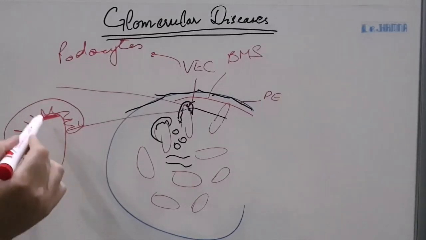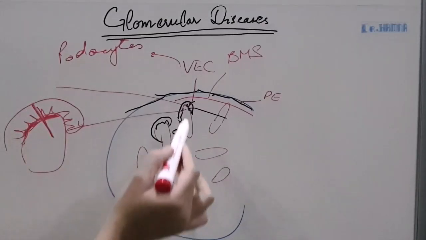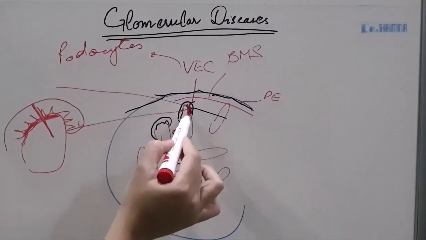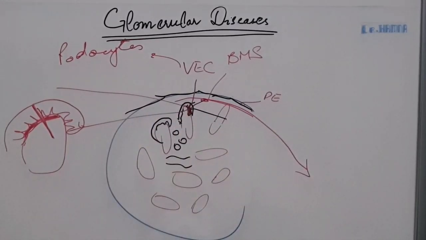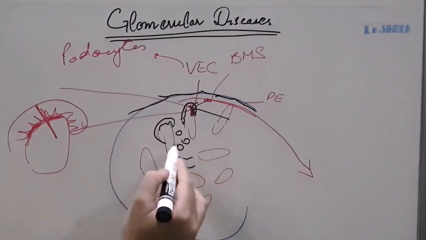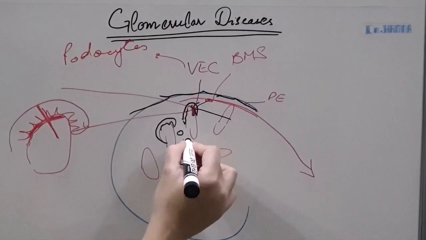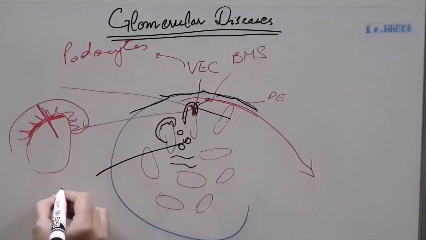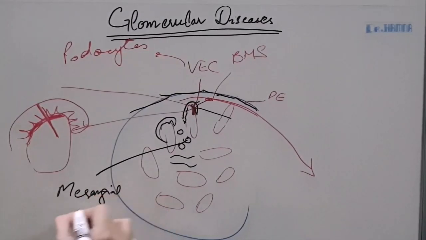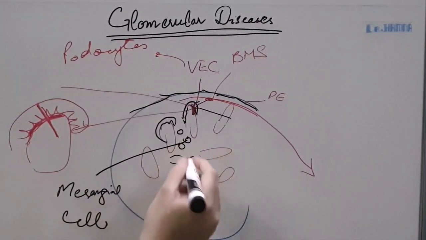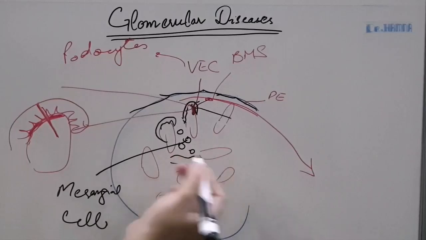So the filtration occurs in this place. Filtration occurs from here, and then the filtrate goes here, and then it goes into the tubules. In the middle portion of the glomerulus, there is a supporting structure and certain cells. These cells are known as mesangial cells. And few inflammatory cells are also present in this region.